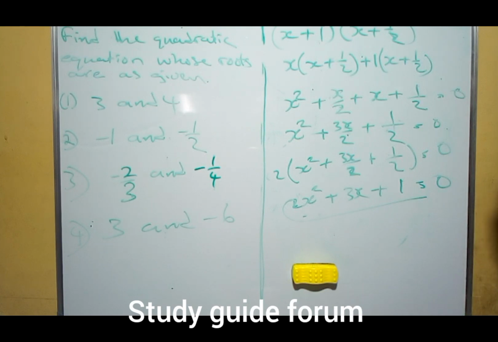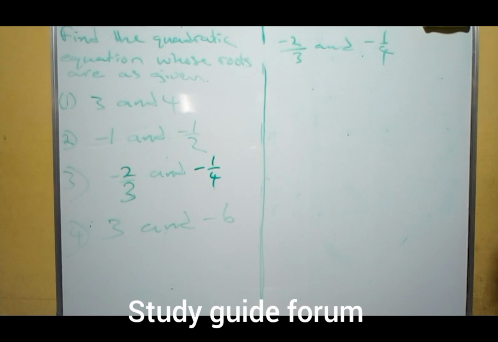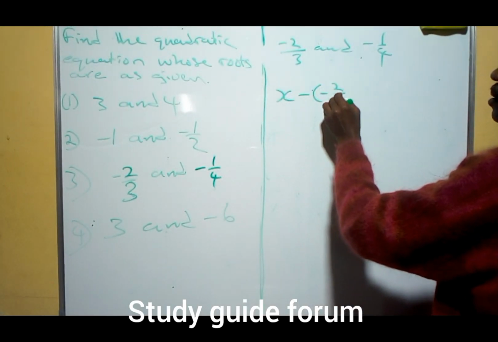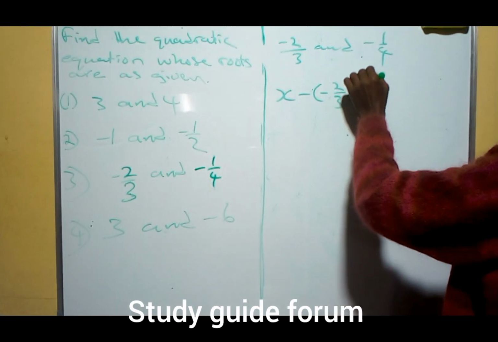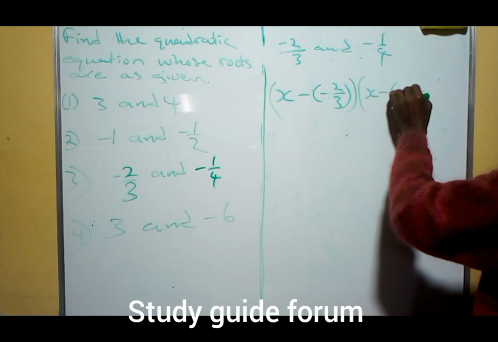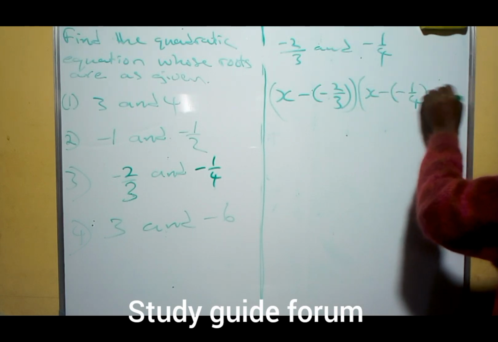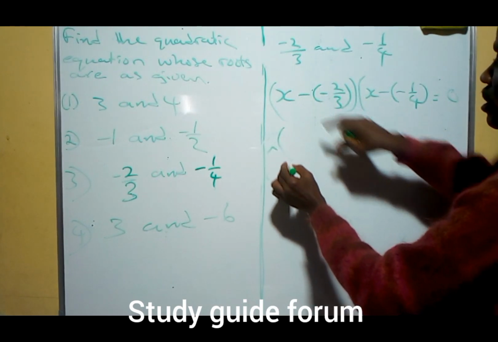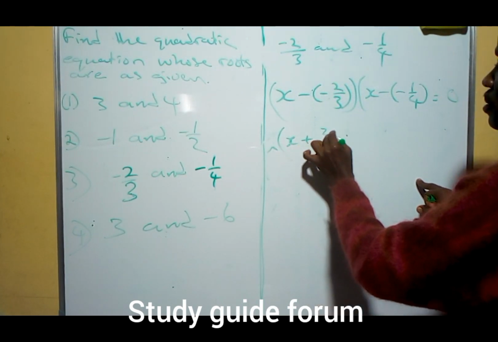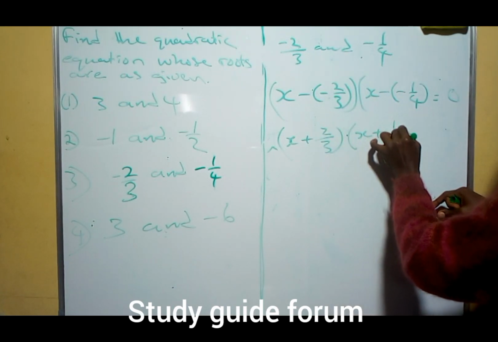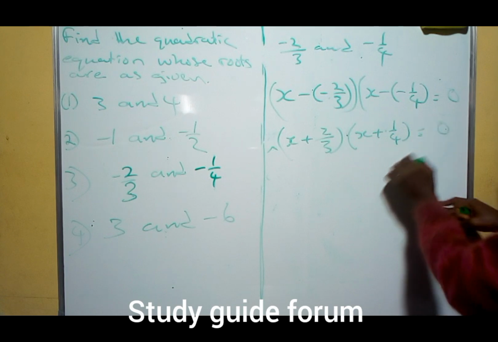Okay, now let's go to the next one. So the next one is x minus brackets. We have again x minus equal to 0. Opening the brackets, this one in the bracket, we have x plus. This other one will give us plus 4 equal to 0.